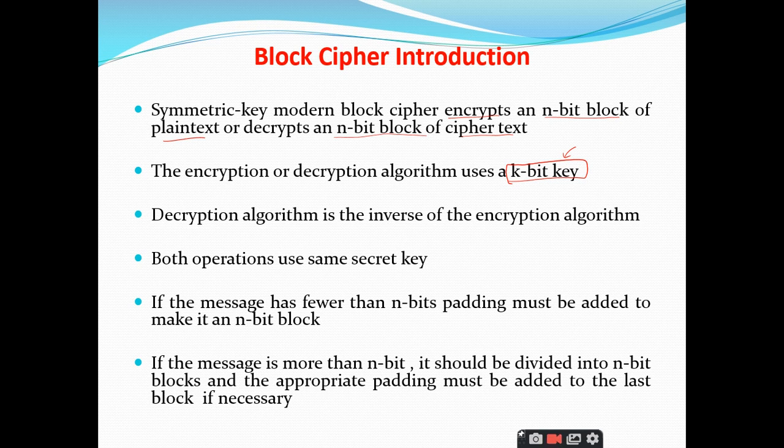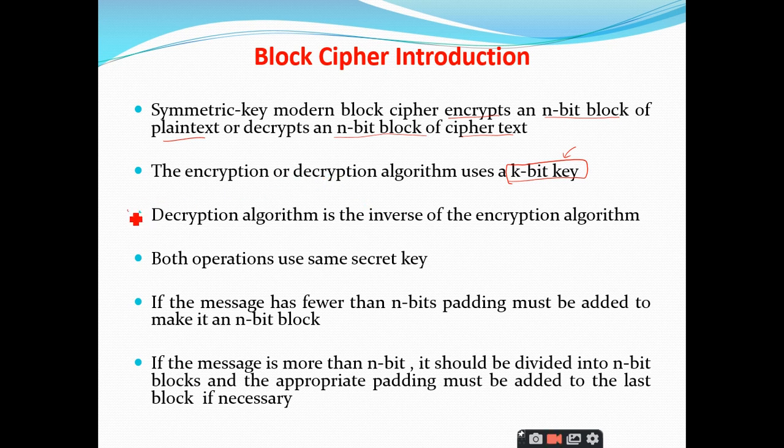All these things we will discuss, but at this point please remember that any encryption or decryption requires a key. That key can be k bits in size, where k can be equal to n or more than n. Remember that there should be a key for encryption and decryption, right?